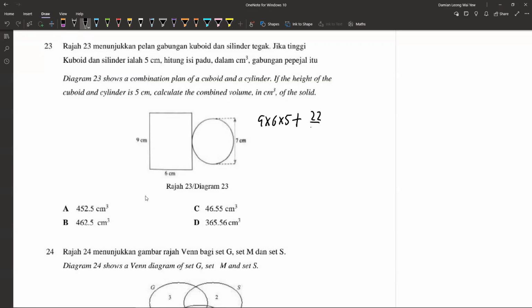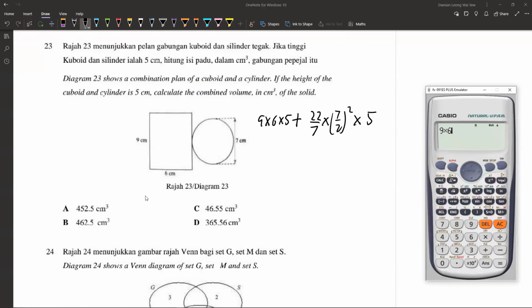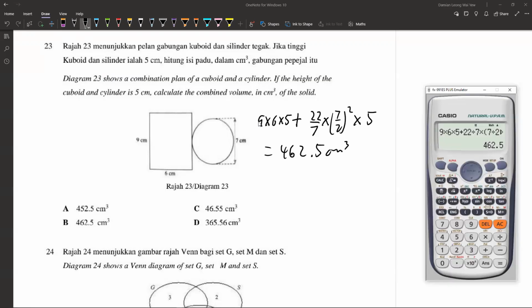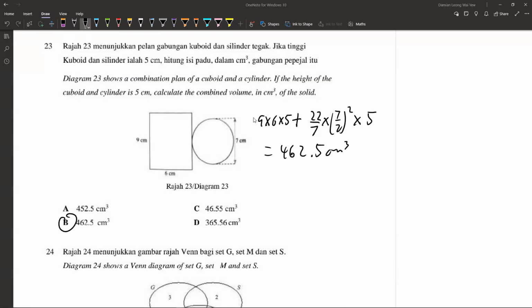So let's use pi as 22 over 7 times radius squared. 7 here is the diameter, so 7 over 2 squared times height 5. 9 times 6 times 5 plus 22 over 7 times 7 over 2 squared times 5 gives 462.5 cm cubed. Answer B. That's it.